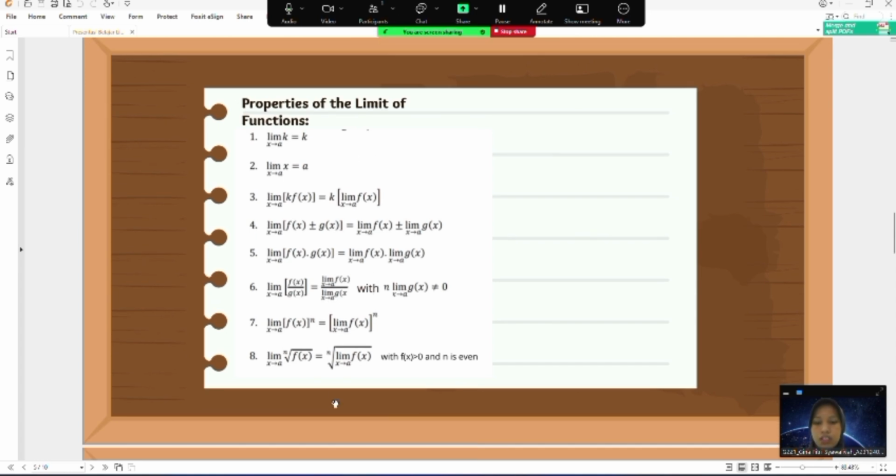And the last one is limit x approaches a for the n-th root of f(x) equal to the n-th root of limit x approaches a for f(x), with f(x) greater than 0 and n is even.